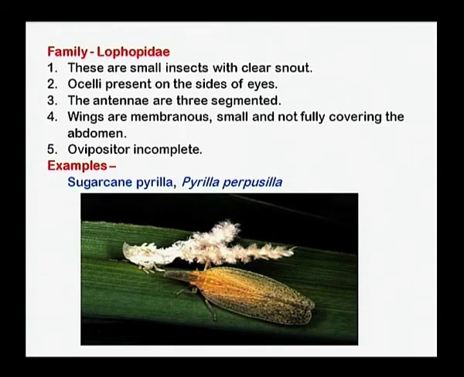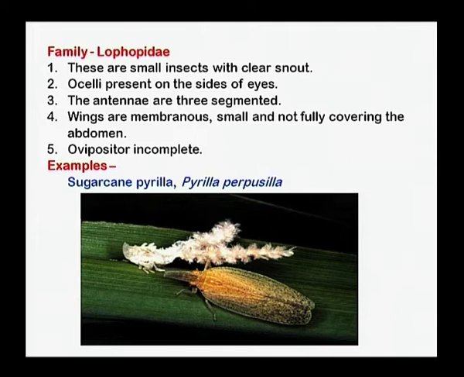These insects are small in size with a clear-cut snout. Snout is nothing but a beak-like structure which is a common feature of this family. Ocelli are present on the sides of the eyes. The antennae are divided into 3 parts, or we can say that they are 3 segmented.